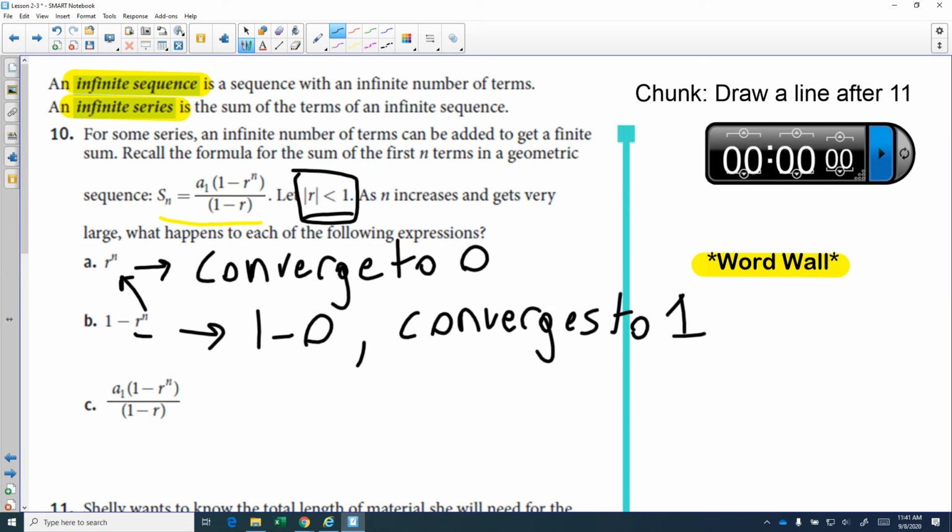In the last portion, letter C, let's apply both of these values. R of n is going to converge to 0.